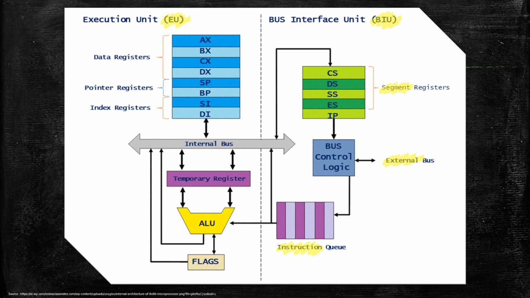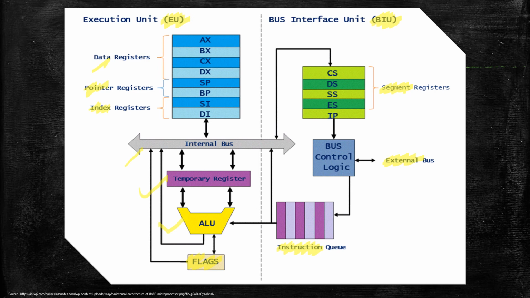While in the execution unit you can find your flag registers, then your ALU, then some temporary registers, some internal bus, and data registers, pointer registers, and index registers. So the group of all these units, we call the execution unit, right?